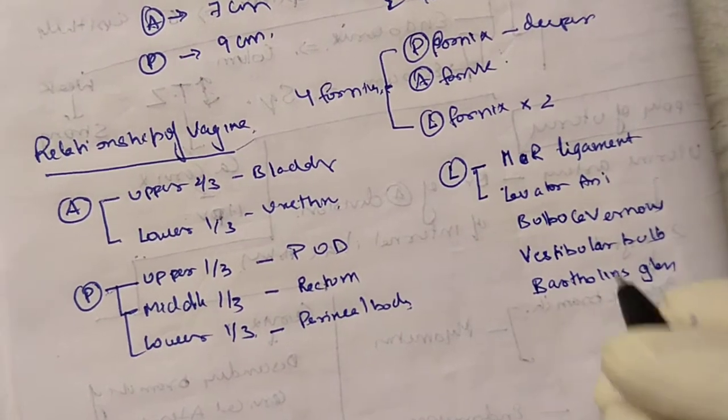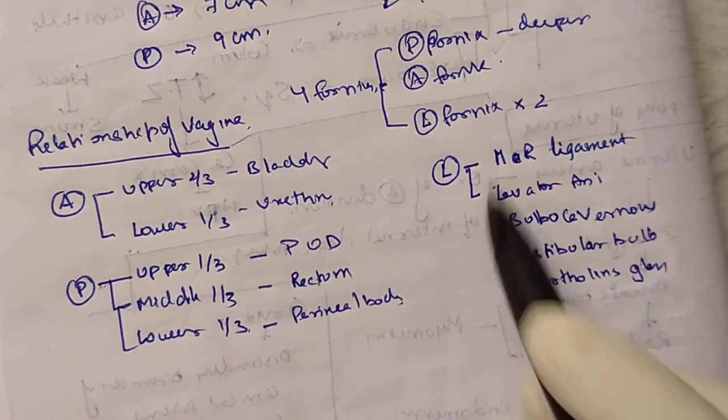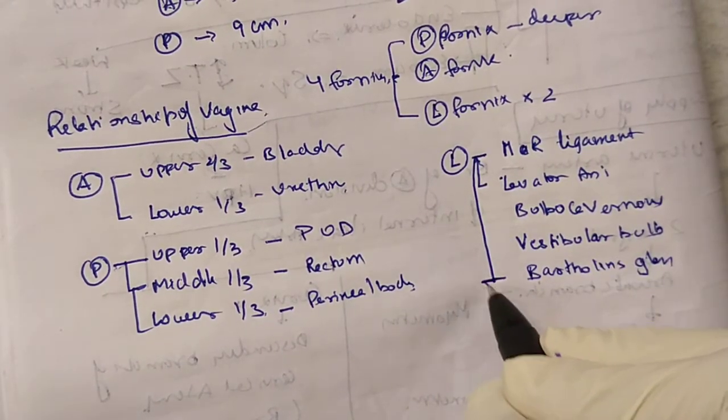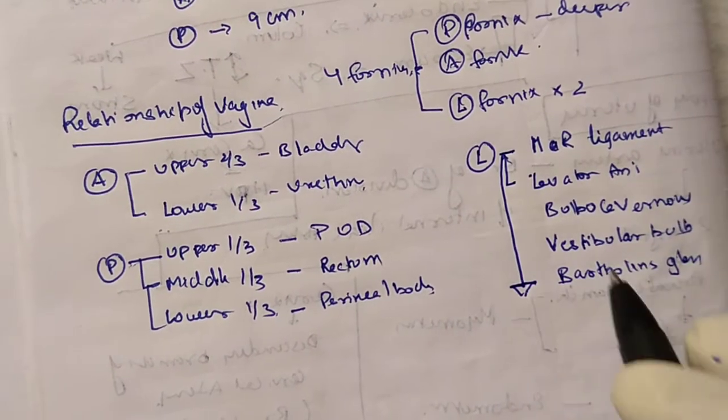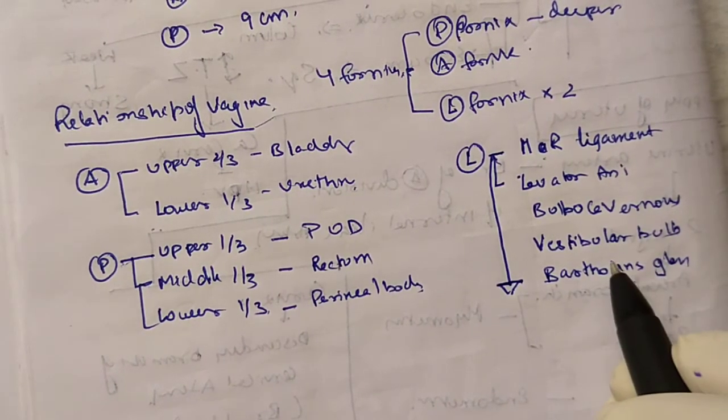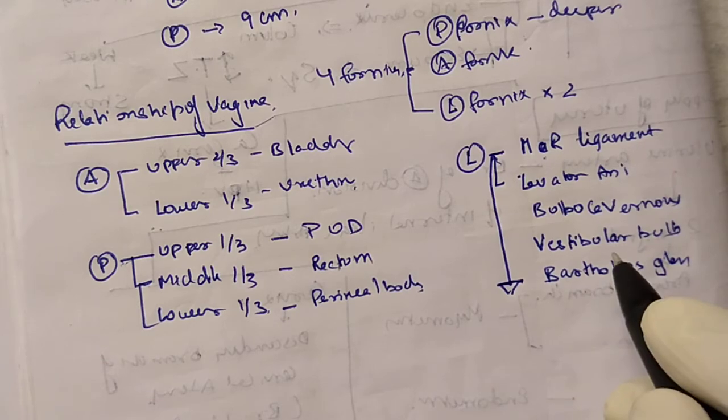These are the lateral relations of the vagina. From up to down, these are in order, okay? So Mackenrodt's ligament, levator ani, bulbocavernosus, vestibular bulb, and Bartholin's gland.